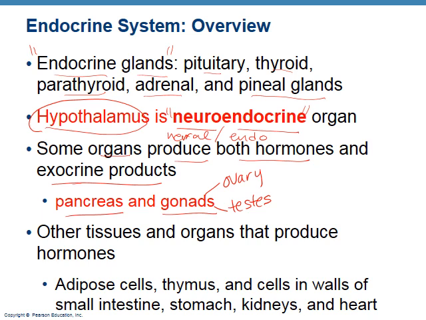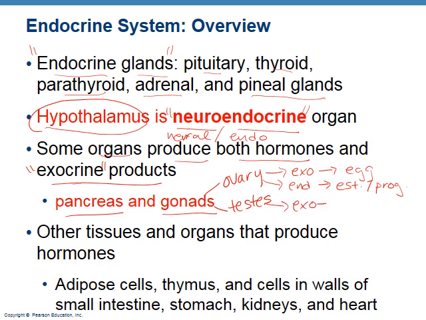So the pancreas and the gonads, ovary and testes, all three of these are going to produce an exocrine product and also produce an endocrine product. So the ovary, if we talk about the exo part, is going to eject an egg. If we talk about the endo part of the ovary, that's going to release hormones like estrogen and progesterone.